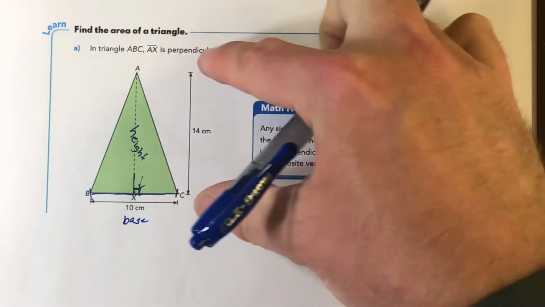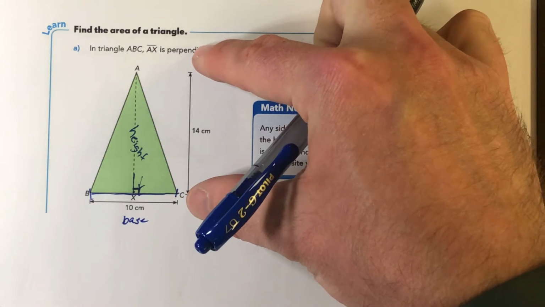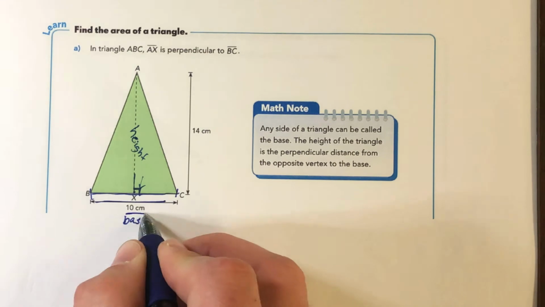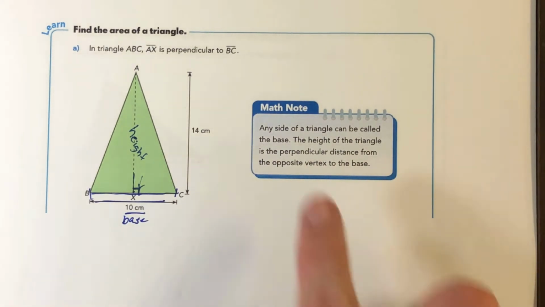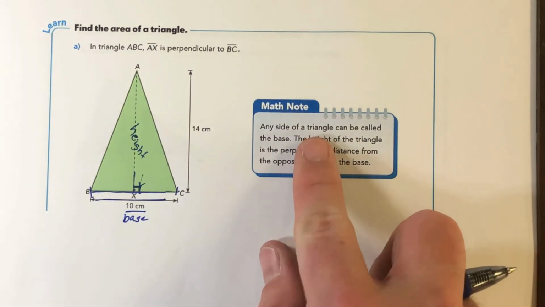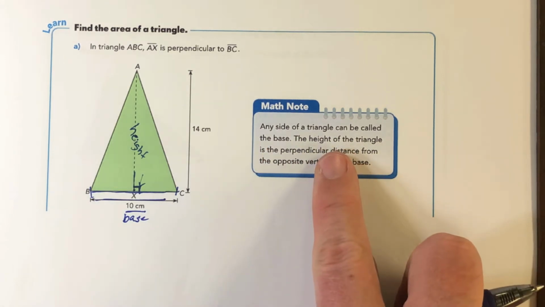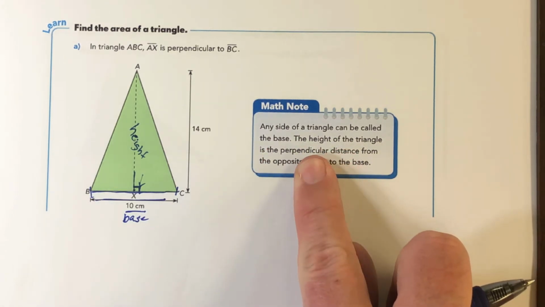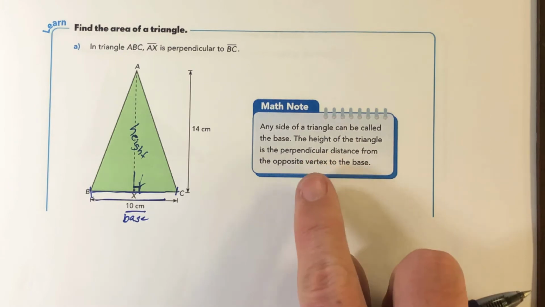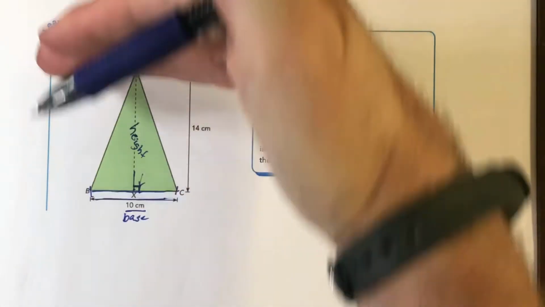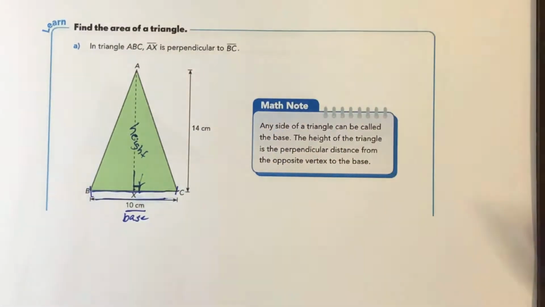This distance has been drawn over here. So they're saying our height is 14 and our base is 10. It's important to note, again, any side of the triangle can be called the base. The height of the triangle, however, has to be a perpendicular line from that base to the opposite vertex.